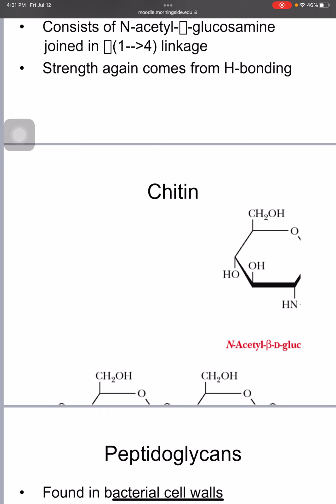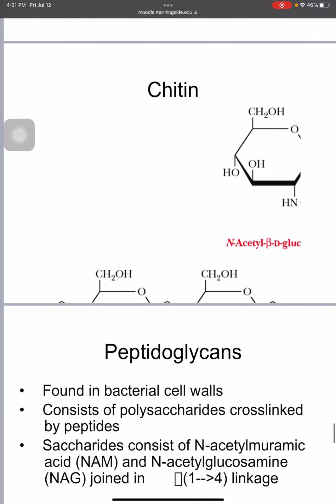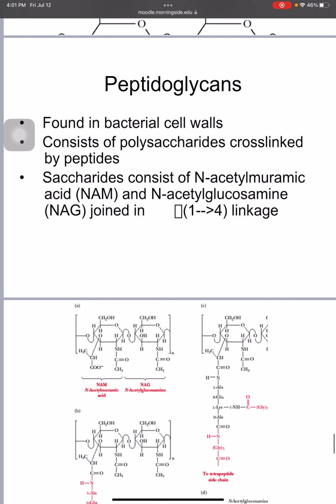It's amazing the difference hydrogen bonding can make in determining the strengths of different compounds and structures. The amide groups, the NH groups, and the carbonyl oxygens that hang off offer extra opportunities for hydrogen bonding that aren't there in a lot of the other sugars. That's why this one is so much more structurally sound.